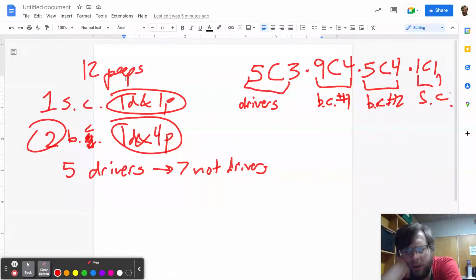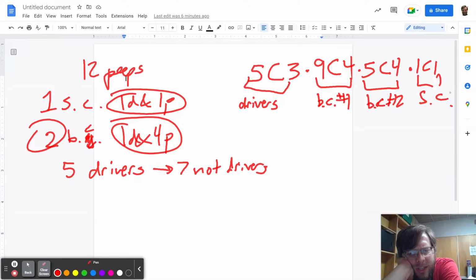This feels wrong. I'm not sure why it feels wrong. I know that you need to do 5 choose 3 to choose your drivers. Then there's 9 people remaining.